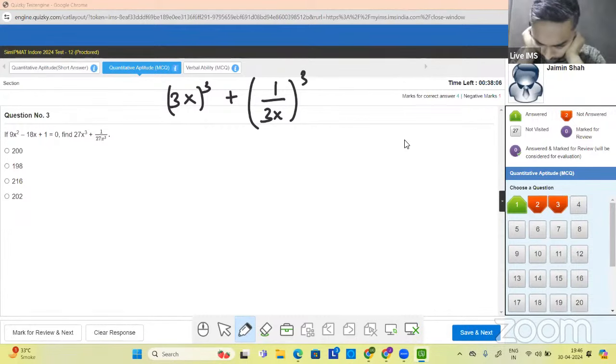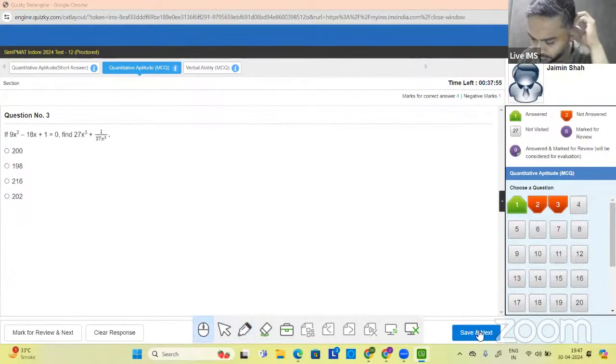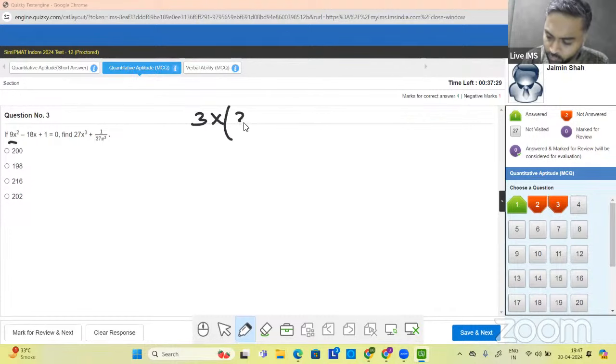Hmm, let me move ahead. ये होना चाहिए. हाँ, I think it will work. So basically the first term is 3x the whole square. First term 3x into 3x करते हैं.